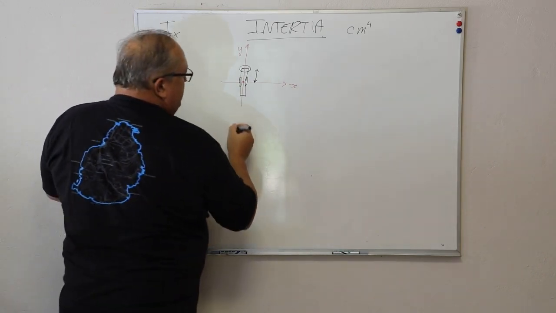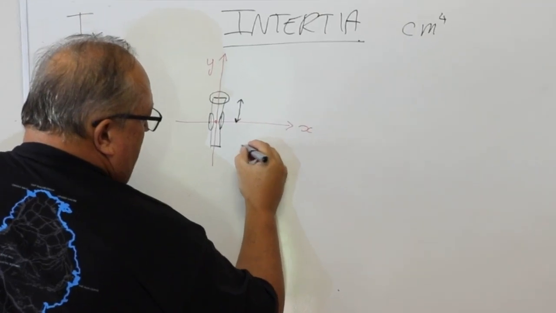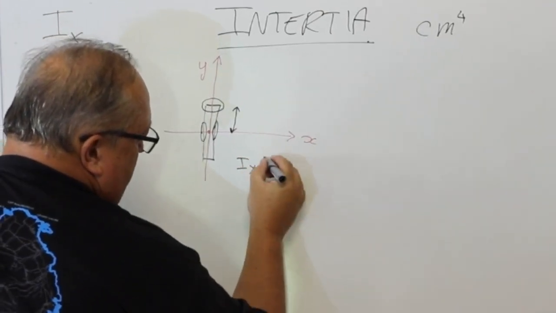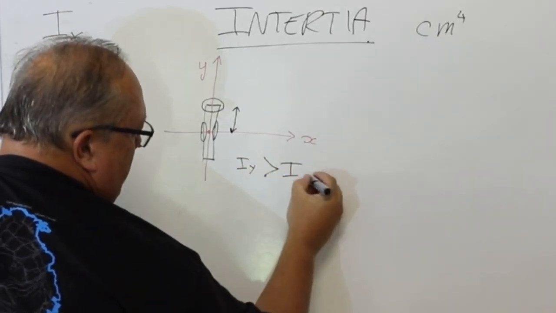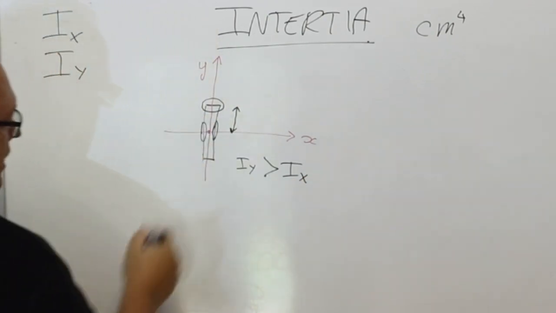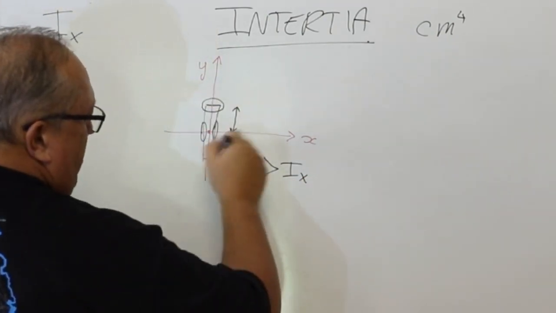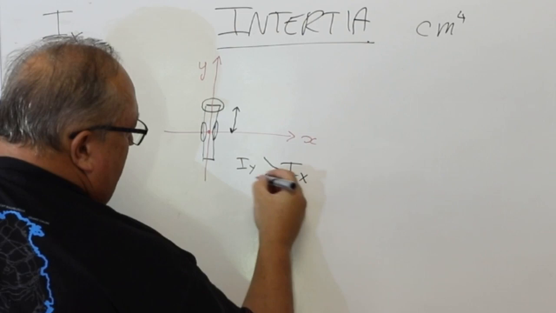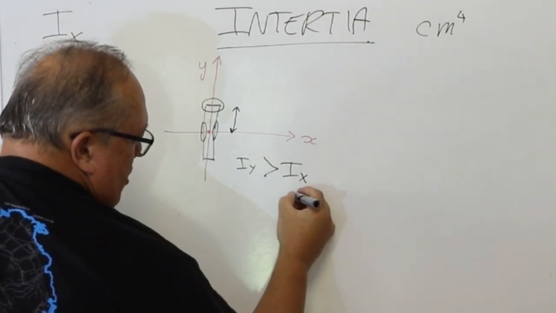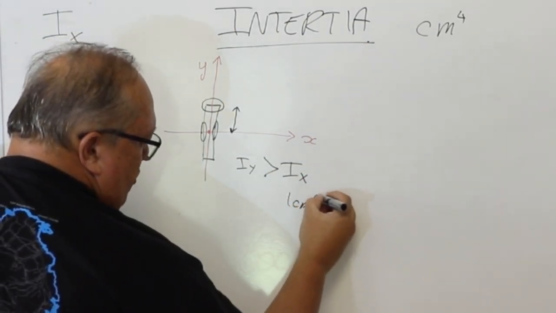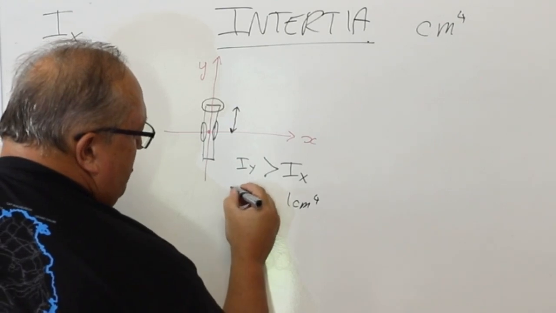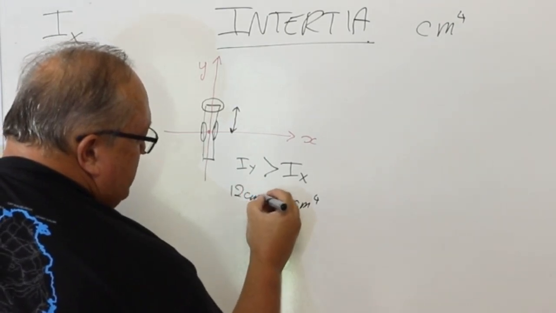Now, in this situation, I would expect my Iy value to be much greater than my Ix value. And typically I might have a situation that on a profile like this, the Ix value is, let's say, 1 centimeter to the fourth, and the Iy value might be 12 centimeters to the fourth.